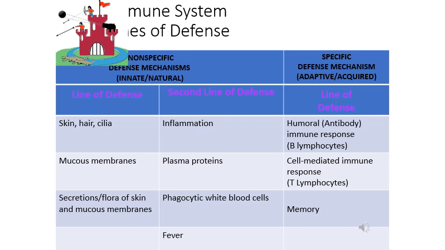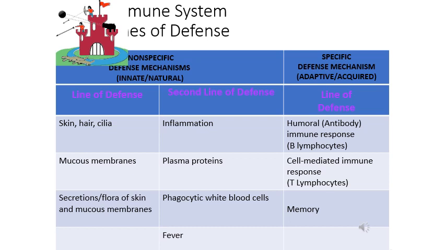It is primarily where we have neutrophils and macrophages, which are mature monocytes that basically will go to the site of injury or trauma and act fast as far as protecting the body. So that phagocytic action of white blood cells is very, very important here in the second line of defense as far as the inflammatory response. Again, primarily neutrophils and macrophages. And then we'll talk more about what a fever can do for us as well.